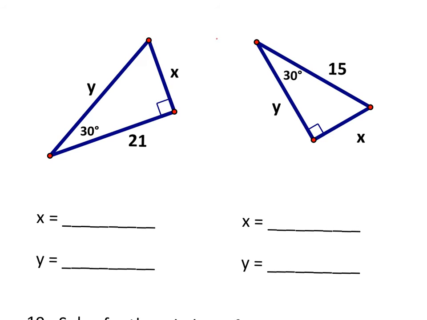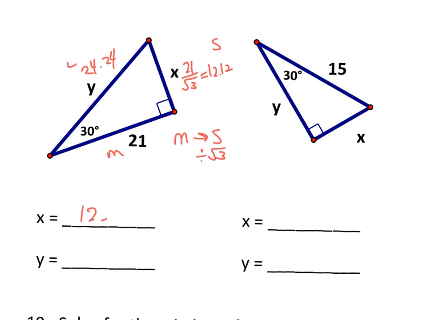Next problem, here is our short, medium, and long. Okay, so we're given the medium, we want to find the short first. So medium to short, we're going to divide by radical 3. So 21 divided by the square root of 3 is going to be 21 over radical 3, which is approximately 12.12. That means that the long side will be multiplied by 2, so then we'll get 24.24.